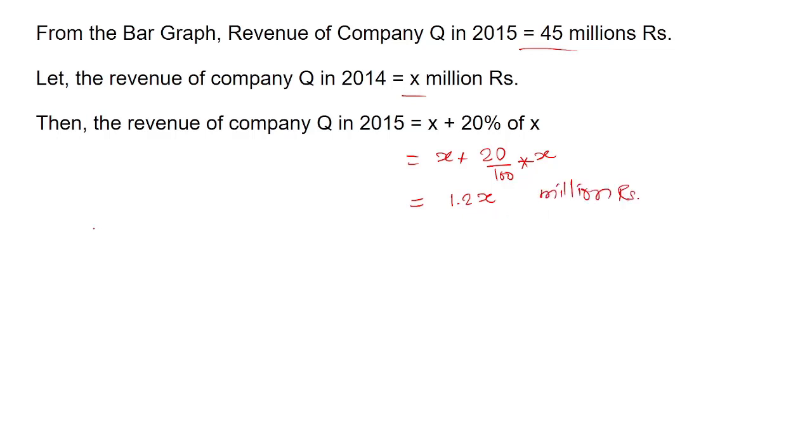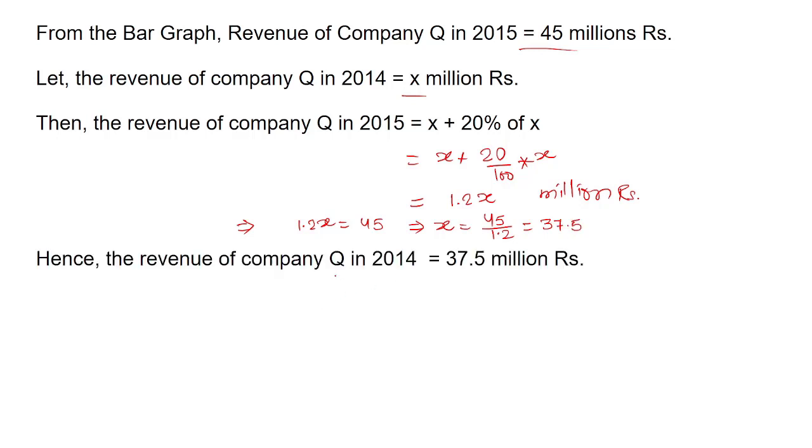So in terms of X, I have obtained the revenue of company Q in 2015, that is 1.2x million rupees. But from the bar graph, we have obtained that revenue of company Q in 2015 was 45 million. So we can equate this equation in terms of X with the given data. Hence, we can write 1.2x equals 45, and further we can simplify it and obtain x equals 45 divided by 1.2, and it will be equal to 37.5.